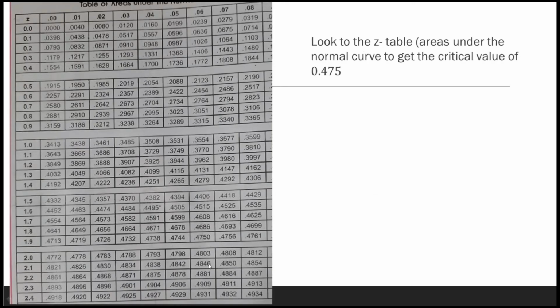So, nakuha na din natin siya kanina. So, yung 0.475 natin is 1.96. So, therefore, the critical value, since this is two-tailed, yung two-tailed natin kanina, which is dahil yung alternative natin is not equal, so ang critical value natin is equal sa positive or negative 1.96.